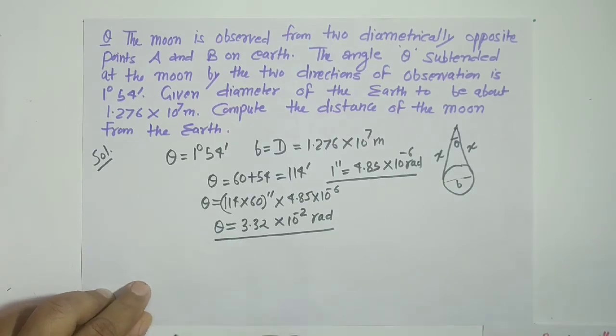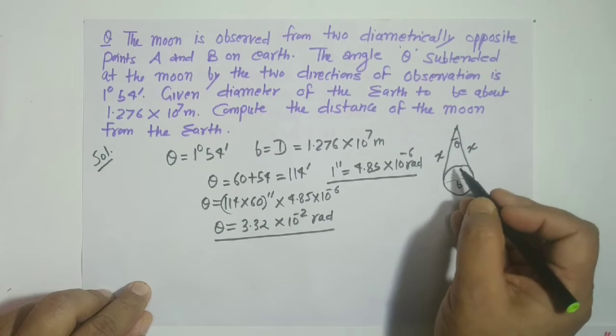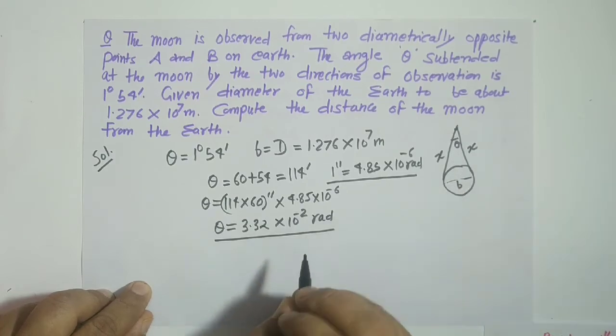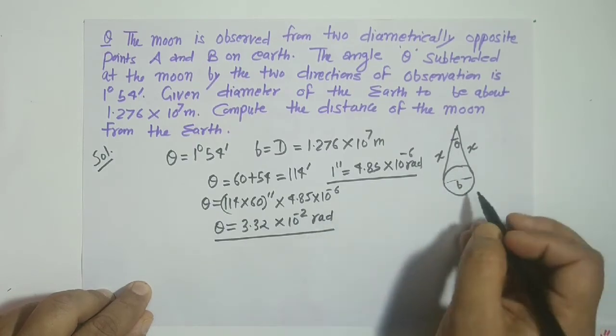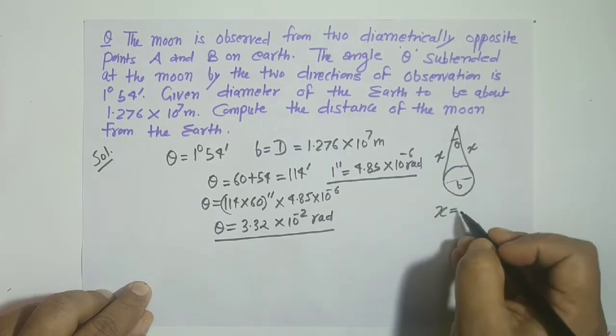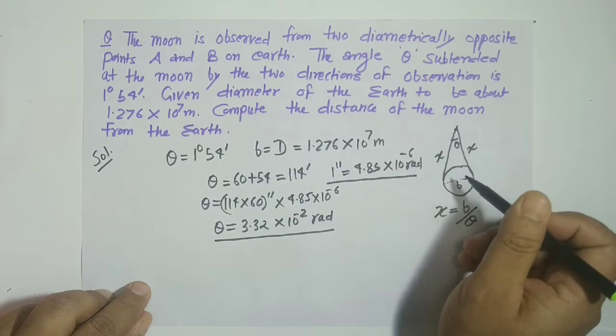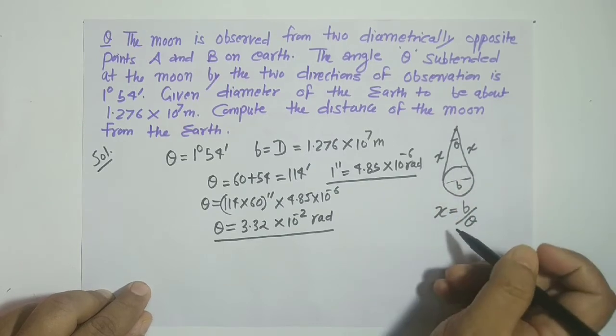Now very simple, you have to calculate x. All of you know we have already made the formula: x will be B by theta. You remember L equals R theta, so x will be B by theta. We have already discussed this formula.